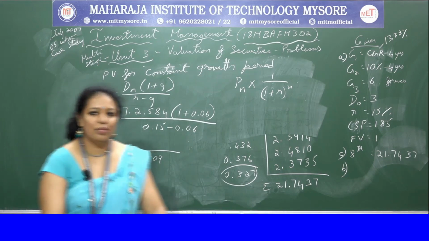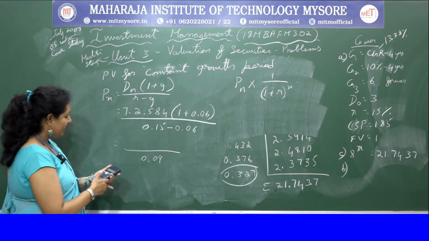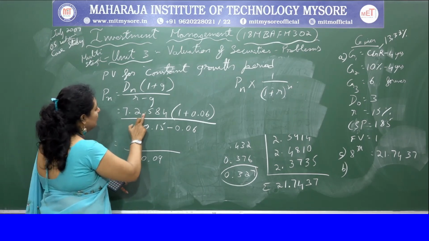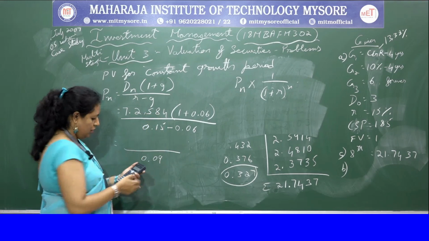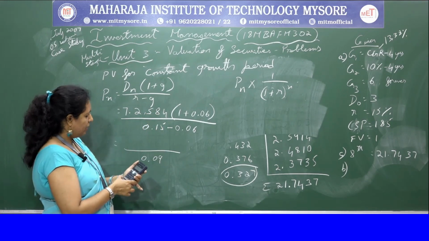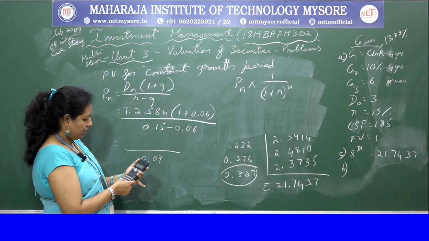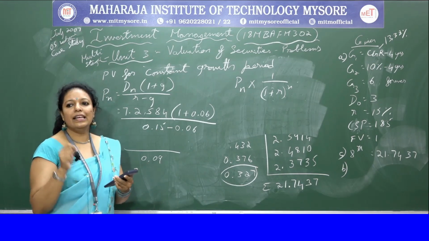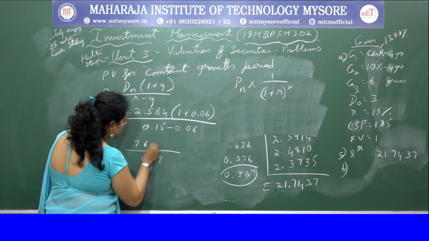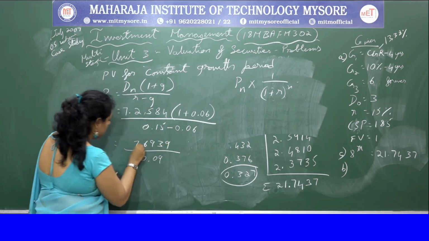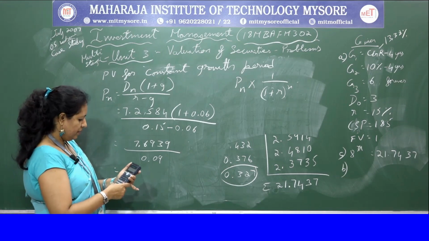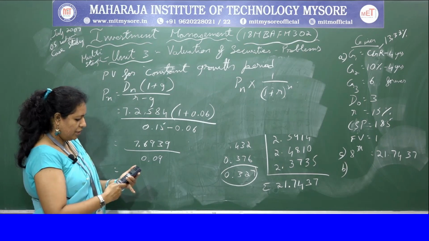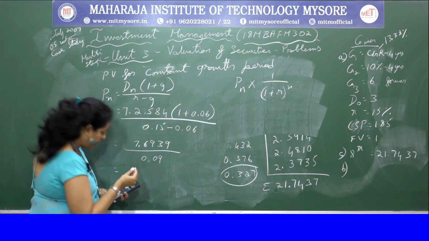This is 0.09 because then also we have calculated. So 7.2584 into 1.06, you get 7.6939. 7.6939 divided by 0.09, you get 85.4878.